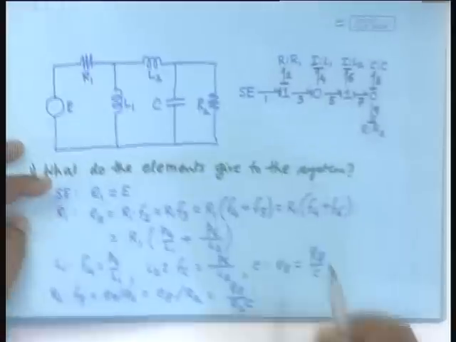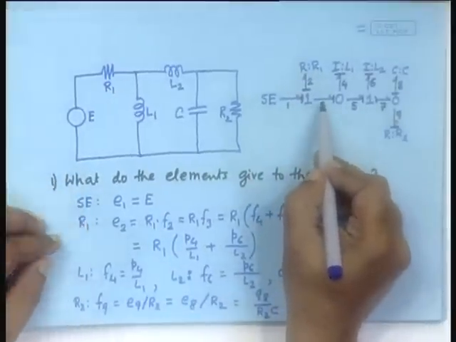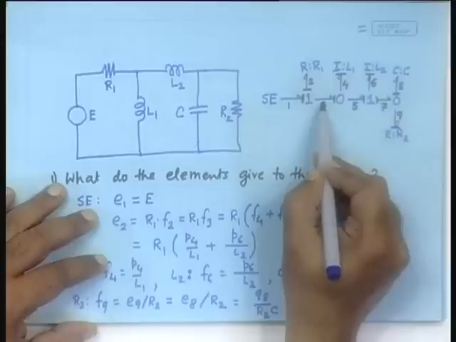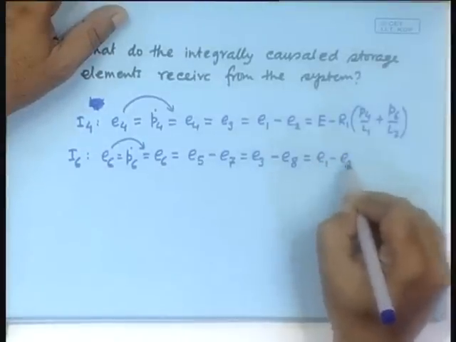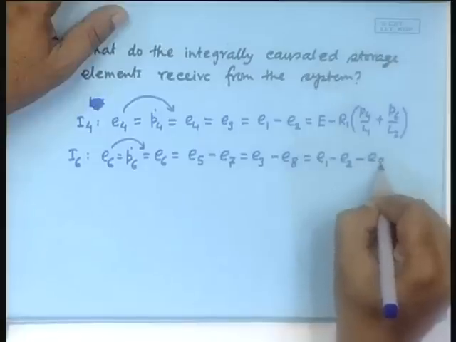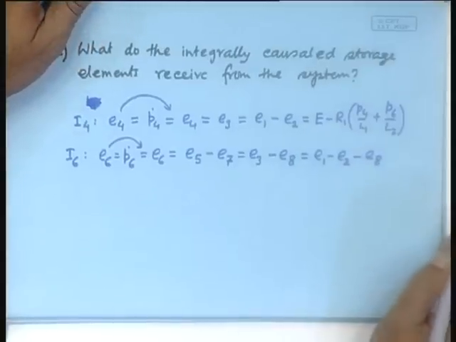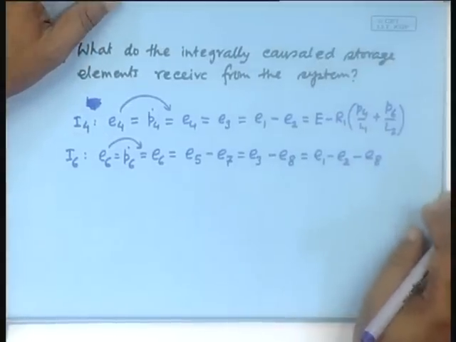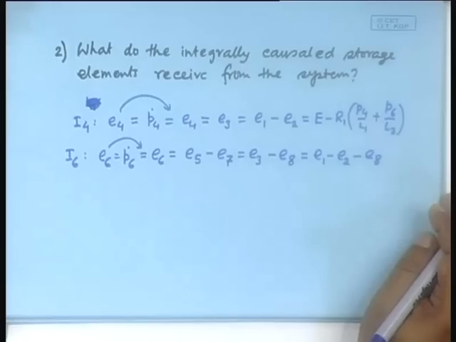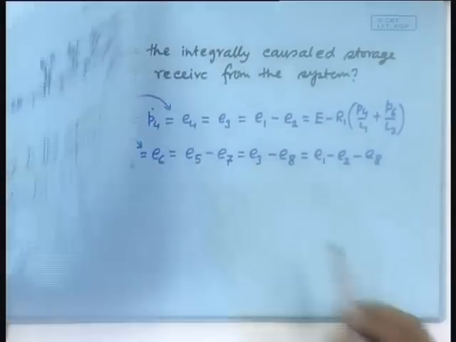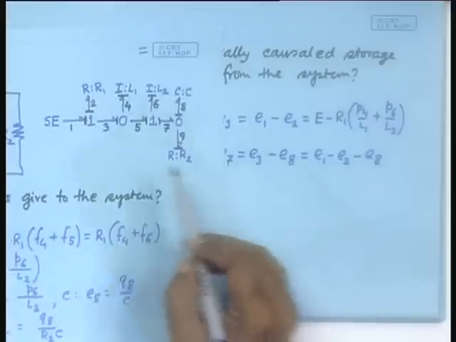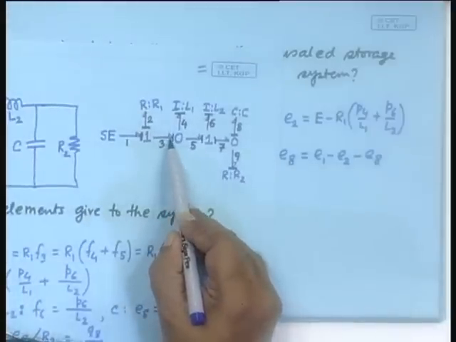Now, E3, where does E3 come from? E1 minus E2, yes. So, E1 minus E2 minus E8.